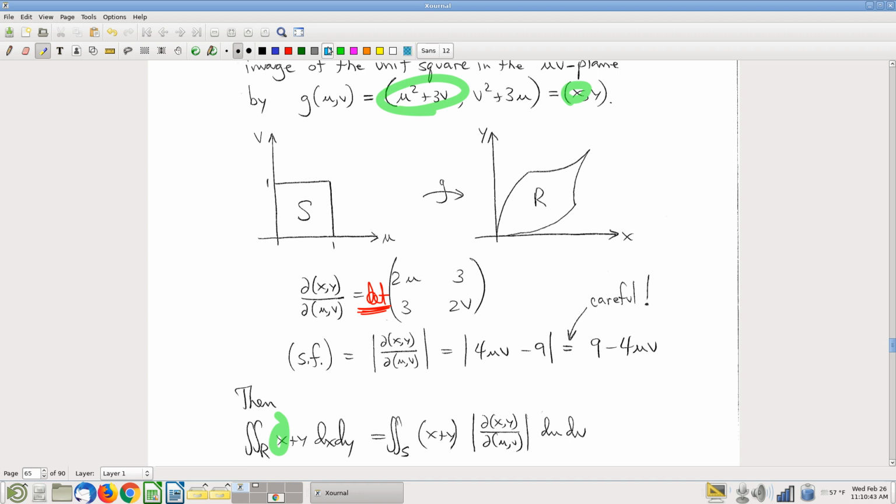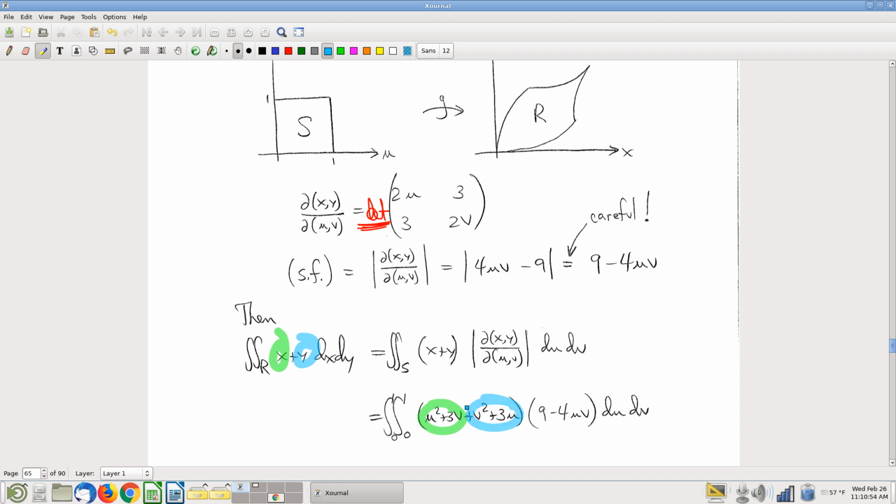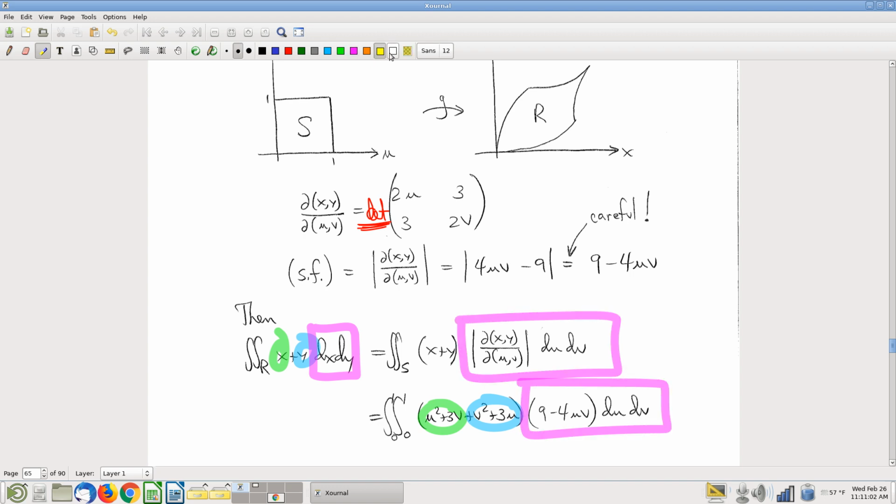And then here's y. Don't forget the change of variables function itself is what you're going to plug in with. So y is that. Don't forget to put in your stretching factor. dx dy is stretching factor times du dv. We just computed the stretching factor here.